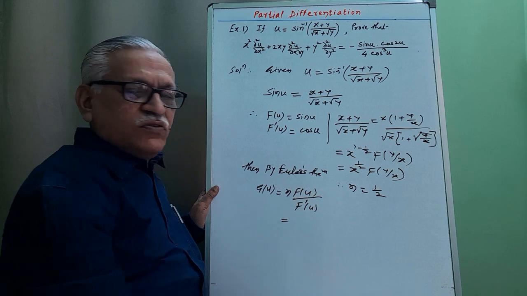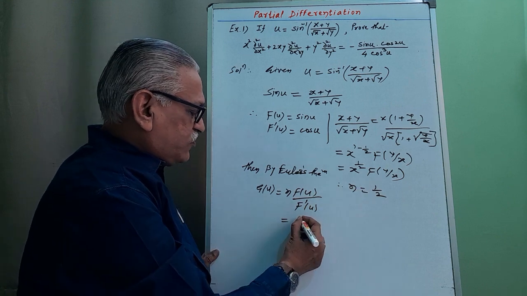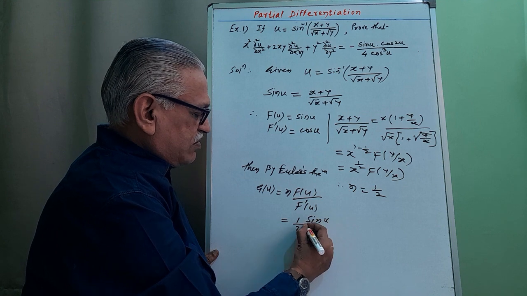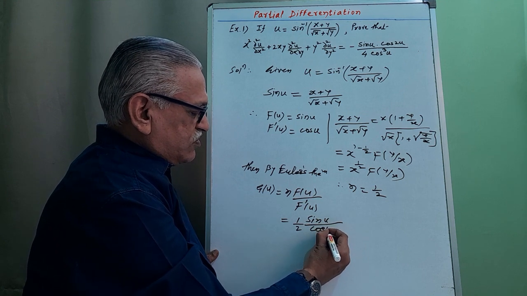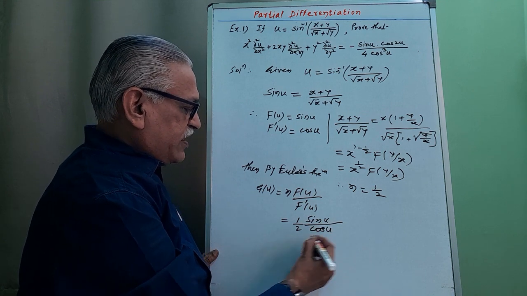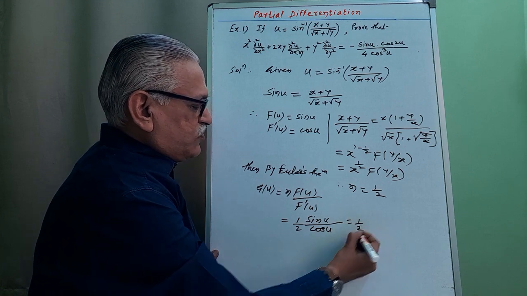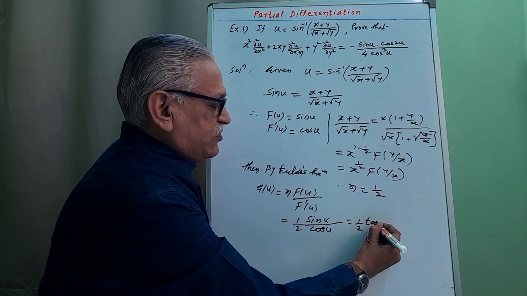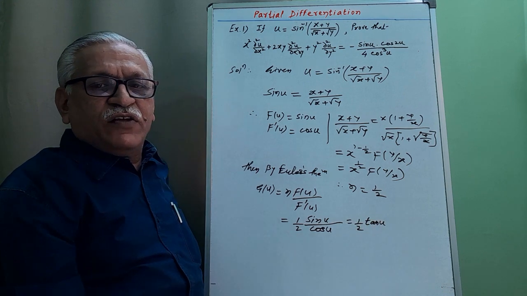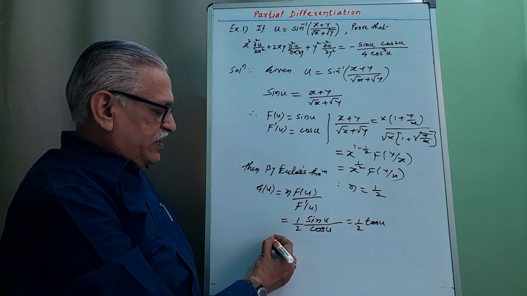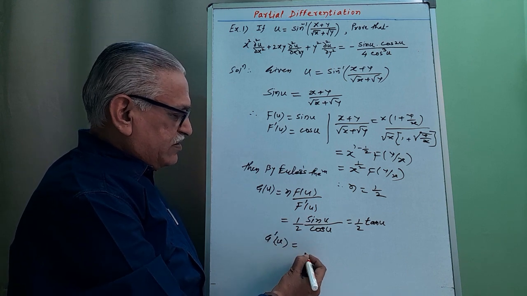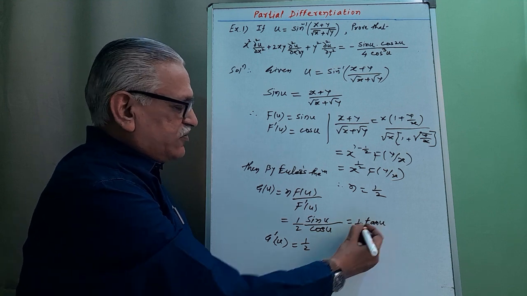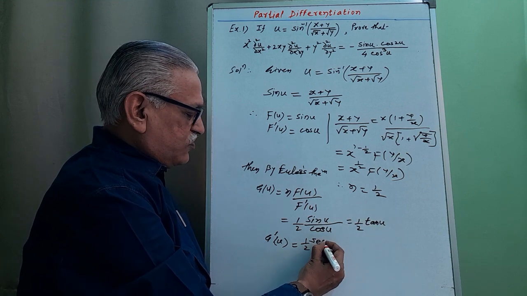Substituting the values, n is equal to 1 by 2, f of u is sine u, f dash is cos u, and therefore we get the value as 1 by 2 into sine by cos, that is tan u. Then differentiating it with respect to u, we get 1 by 2 constant outside, derivative of tan is secant square u.